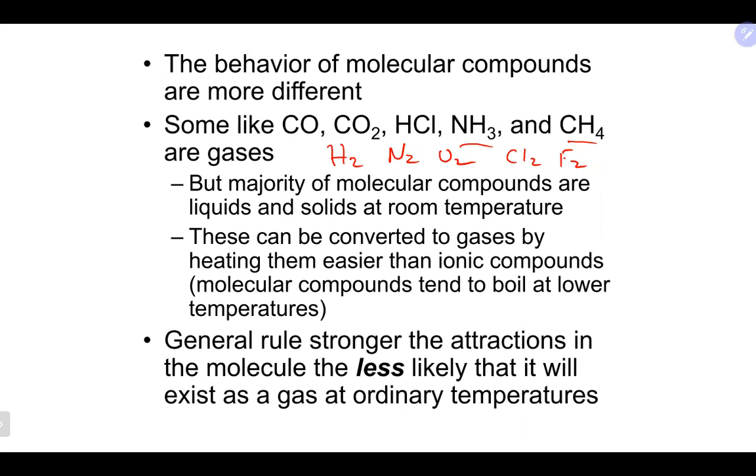But the major difference between a covalent or molecular compound and an ionic compound is that it is a lot easier to convert a molecular compound into a gas than it is to convert an ionic compound into gas. And that is because two molecular compounds are held together by what are referred to as intermolecular forces.